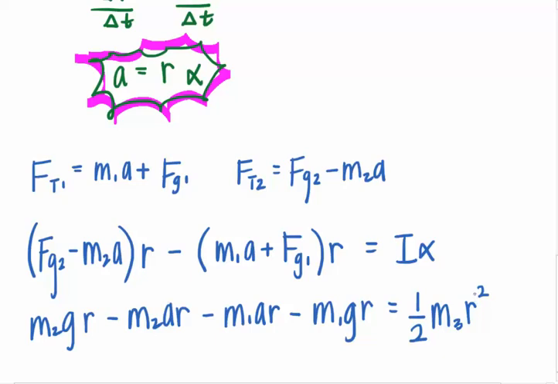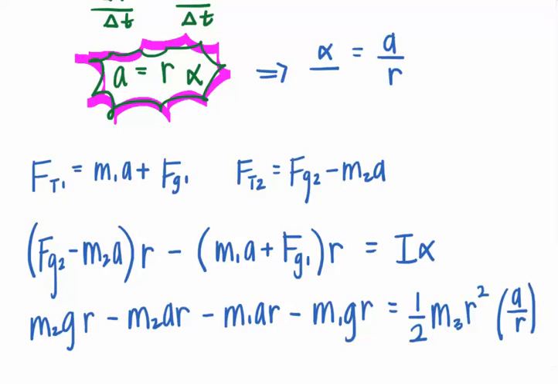It's squared. And if acceleration is equal to R times alpha, then what's alpha? Yes, that would be A over R. So we can put an A over R.